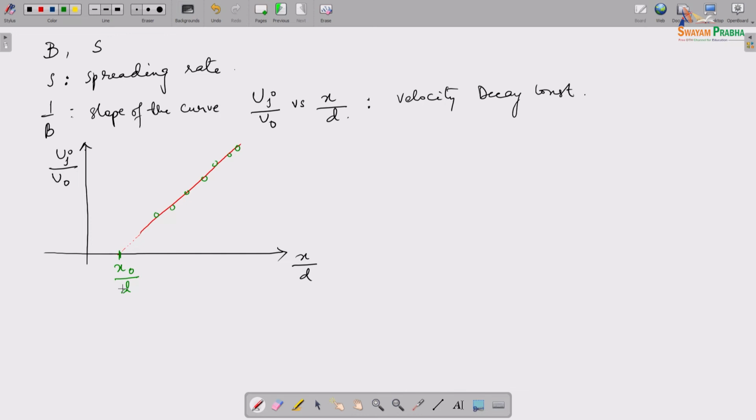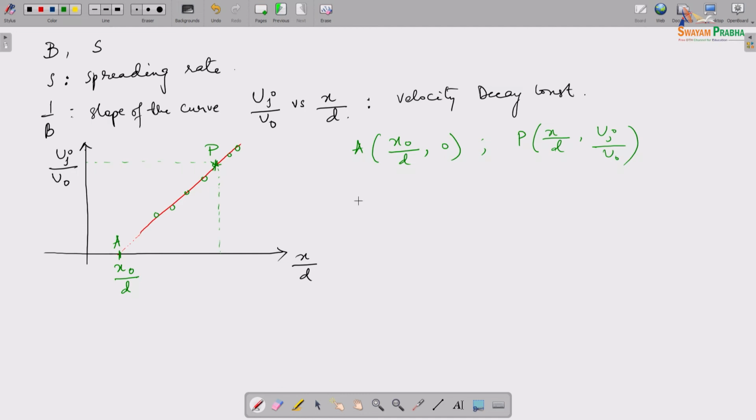Okay. So let's say this point is A, this is location A, and this is an arbitrary point, say P. Then the coordinates of A are x naught by d, 0, and the coordinates of P are x by d and uj by u naught.